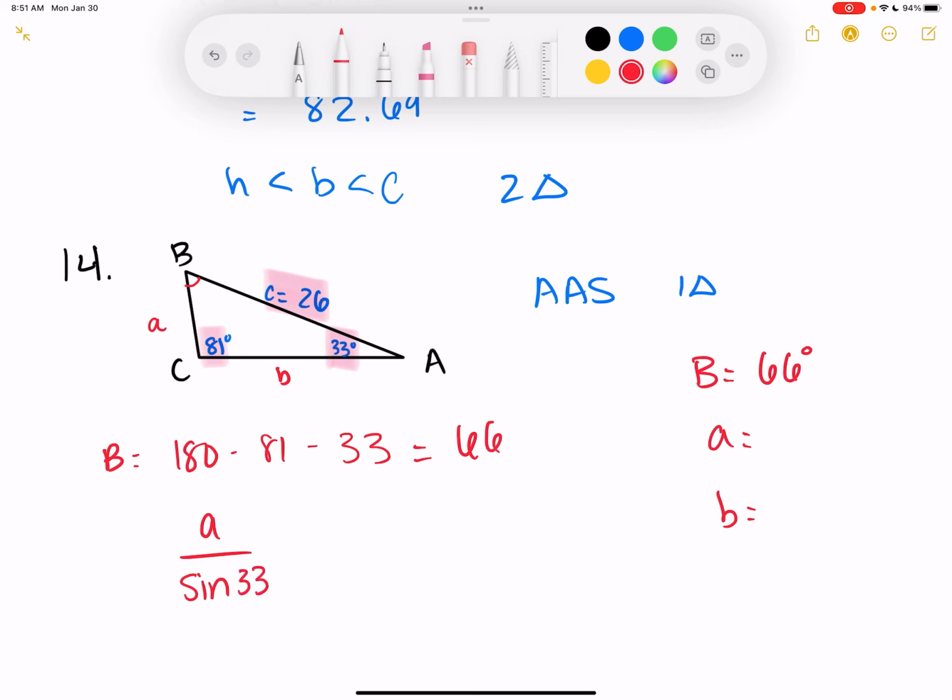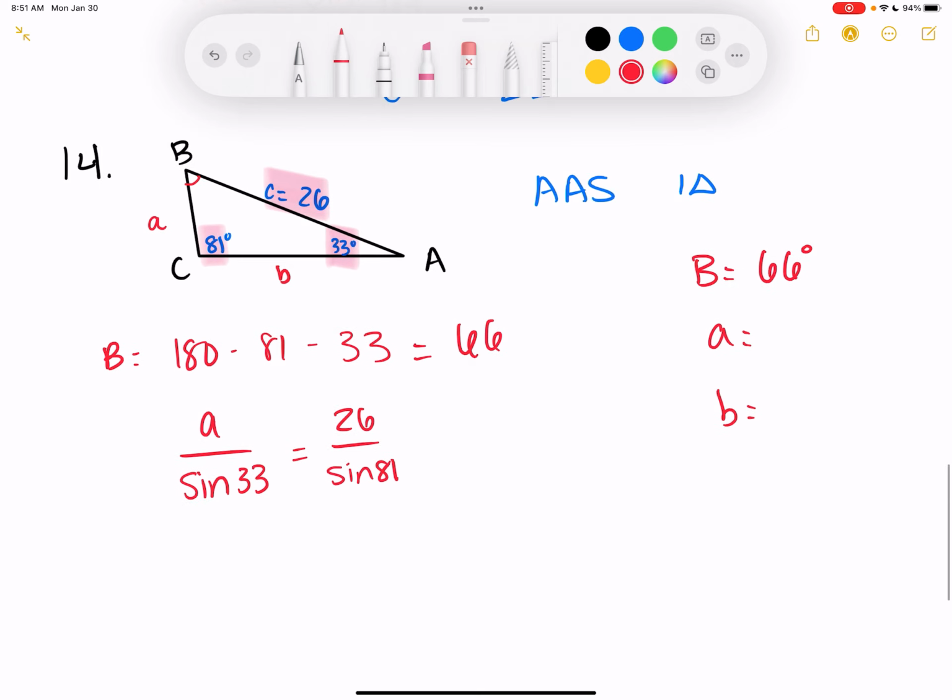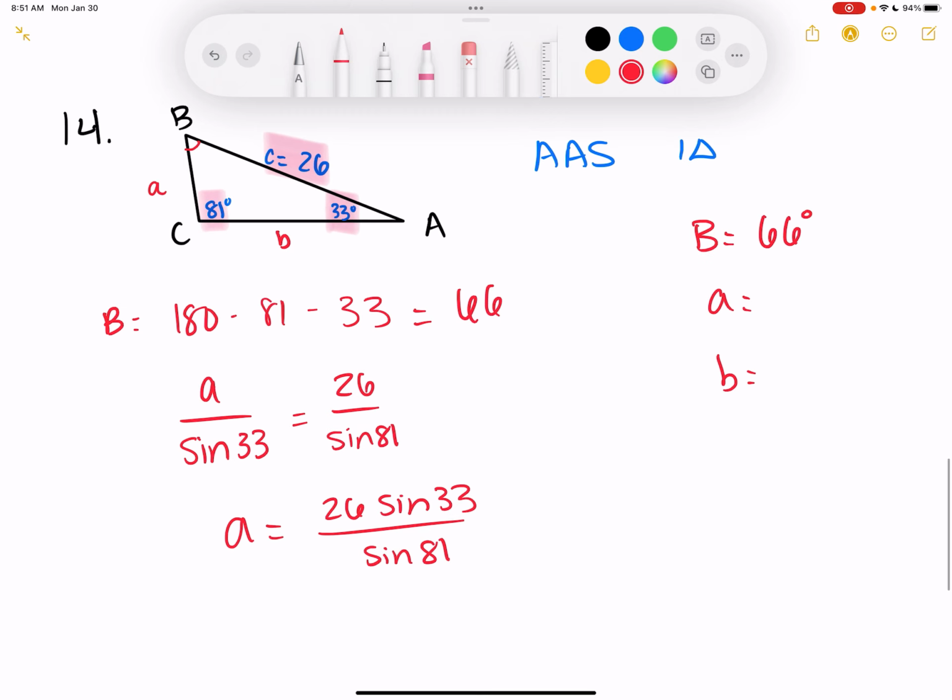So sine of 33 is equal to the stuff that I had all the given information for, because I need to be able to solve for one variable, and if I put B in there, I can't solve for B. So I'm going to have 26 over the sine of 81. So ultimately, when I type it in my calculator, I'm going to have A is equal to 26 sine of 33 divided by the sine of 81. And again, we're going to the nearest whole number according to normal rounding rules.